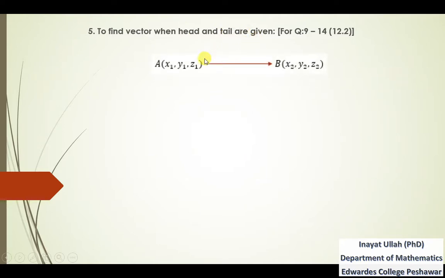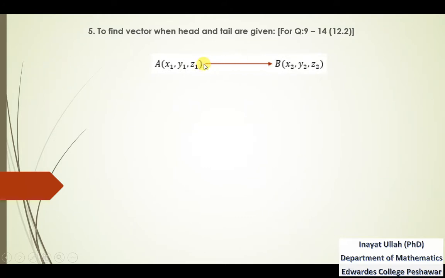In this slide, we will study how to find a vector when the head and tail of the vector are given. For example, there is a vector AB.